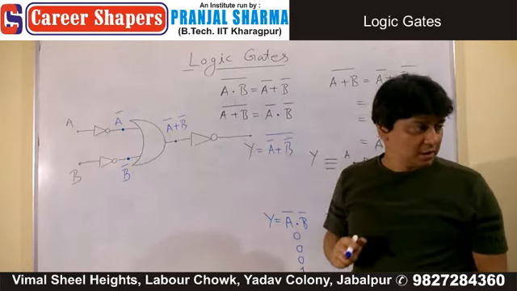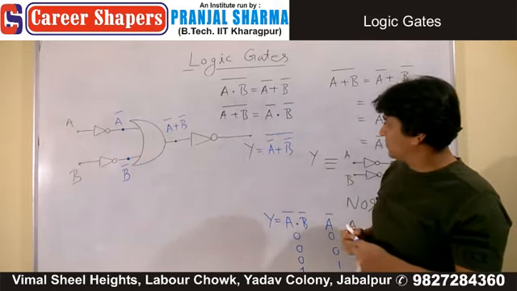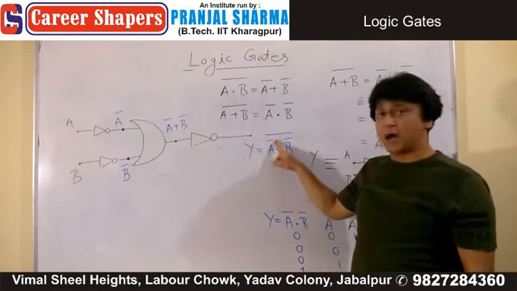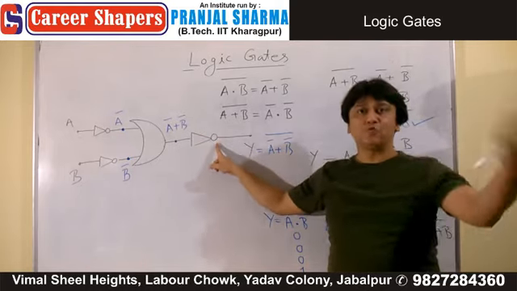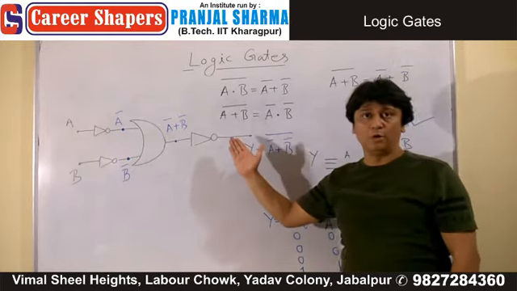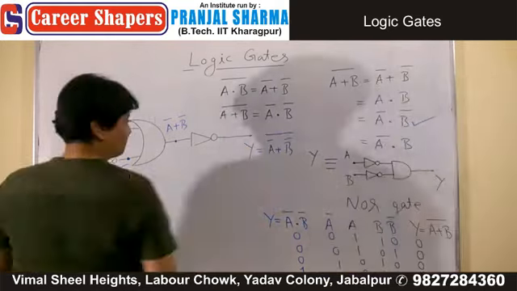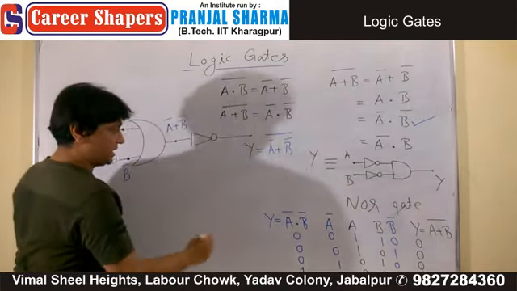I hope you can see the color. This is A bar plus B bar, and you are inverting it, making it A bar plus B bar whole bar. Now, this is something we are interested in.